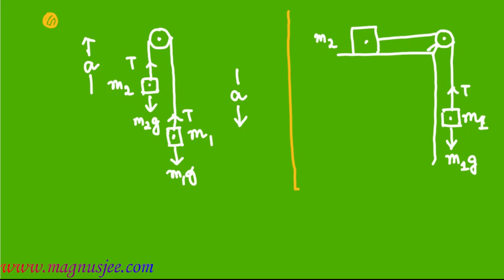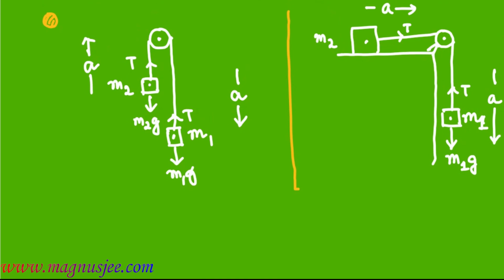M1 g and T are the two forces acting in connection with the motion of the mass M1, and M1 is moving downwards with acceleration a. M2 is moving towards the pulley, towards right in horizontal direction with the same acceleration.